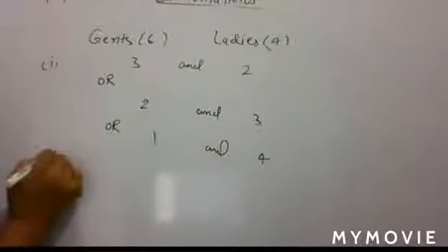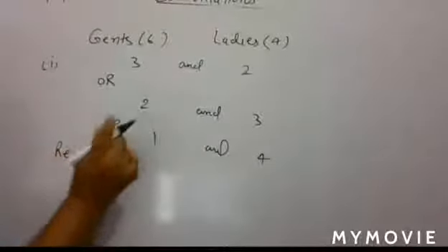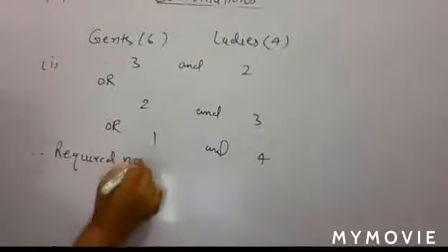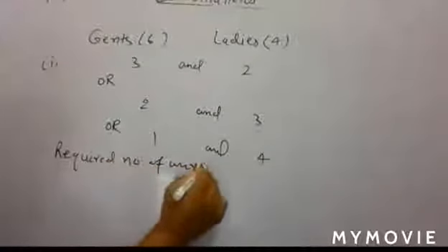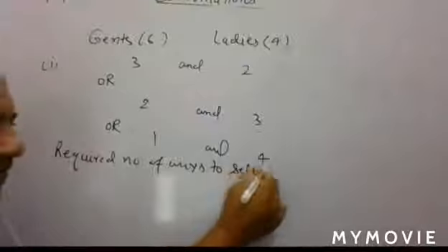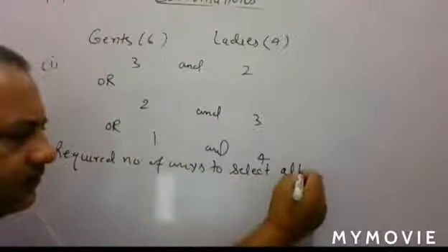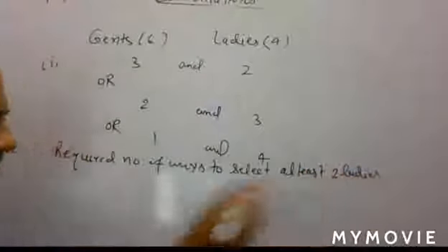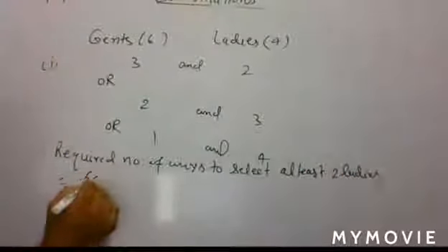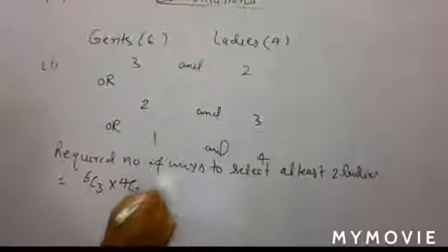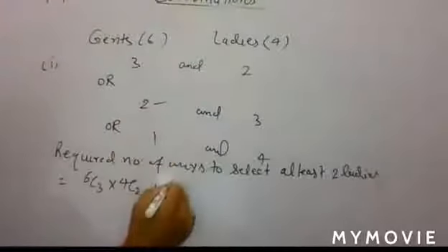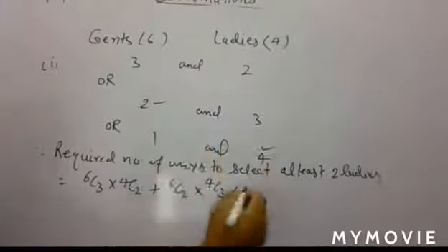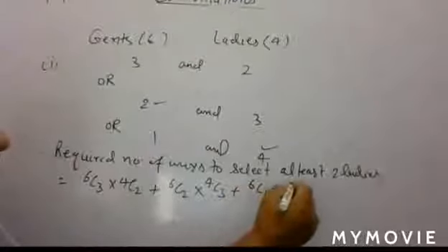So write, hence the required number of ways to select at least 2 ladies is equal to 6C3 into 4C2, plus 6C2 into 4C3, plus 6C1 into 4C4.